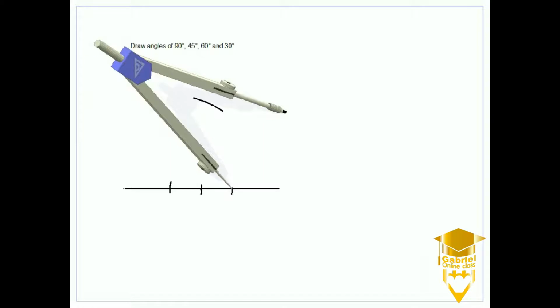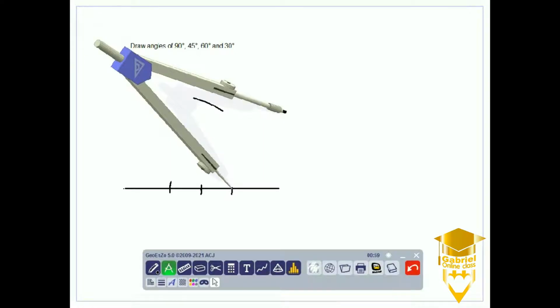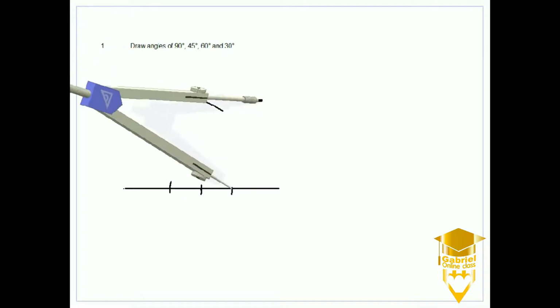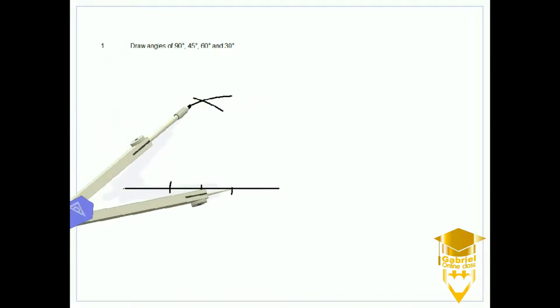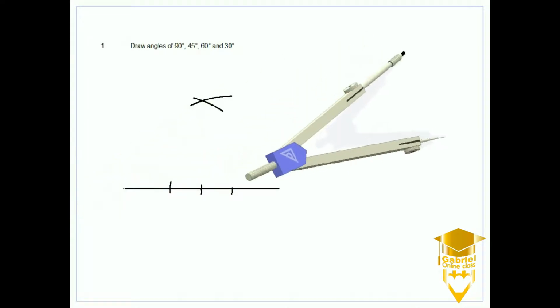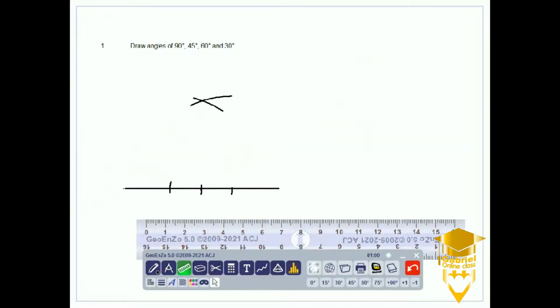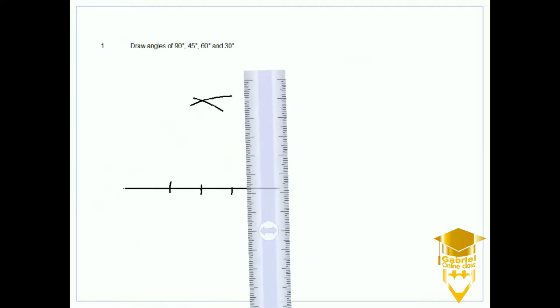We draw another arc, bisecting the arc that we drew initially. Then we take our ruler and draw a line to meet the point of bisection.